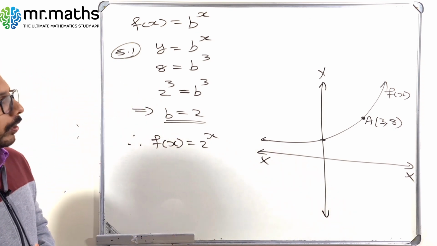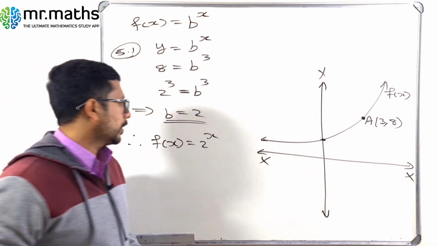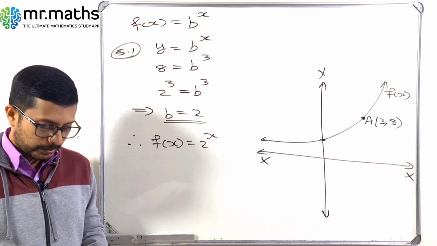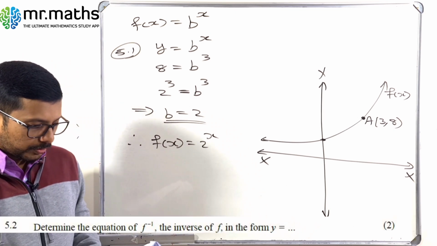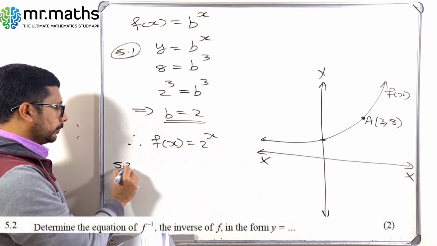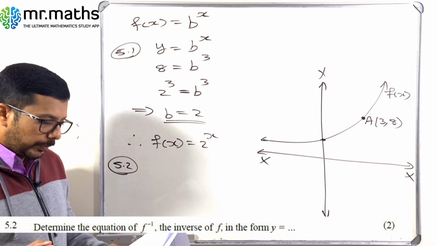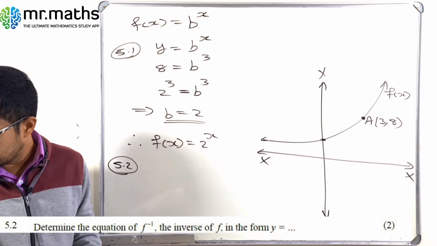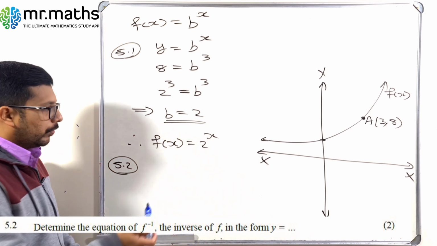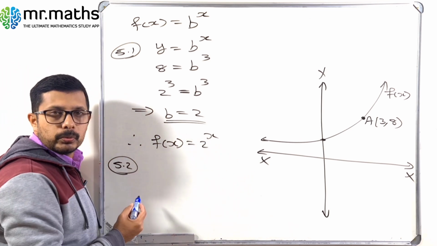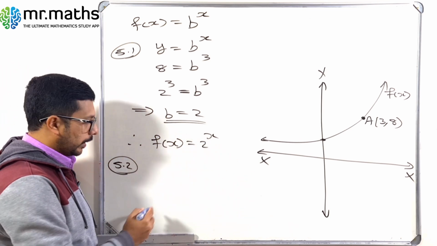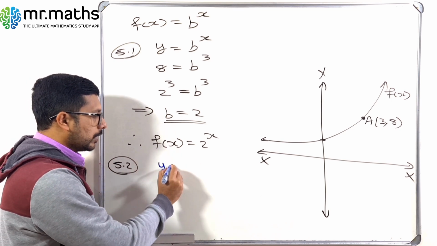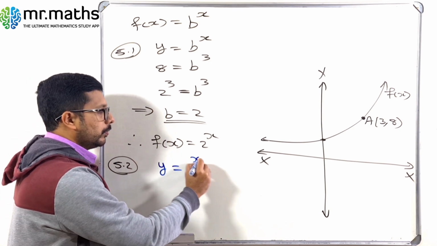Okay, so here we know that f of x is equal to 2 raised to x. Now, what is the second question? 5.2. Determine the equation of f inverse, the inverse of f, in the form y is equal to. So, what is f of x? 2 raised to x, am I right? So this f of x is the same as y is equal to 2 raised to x.